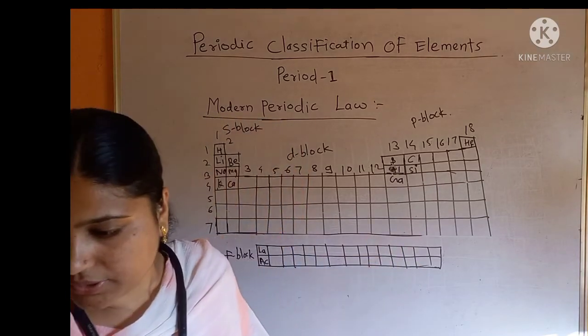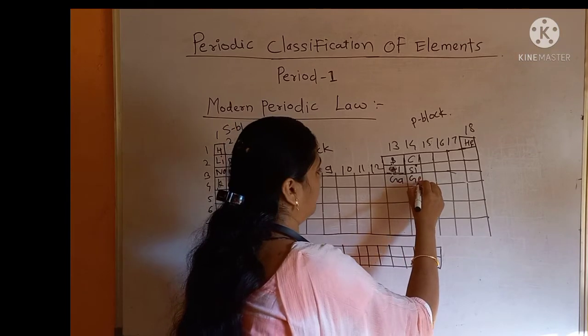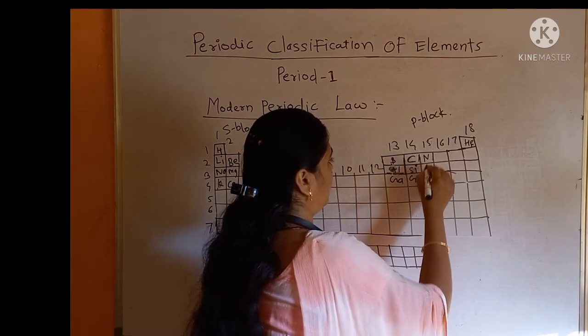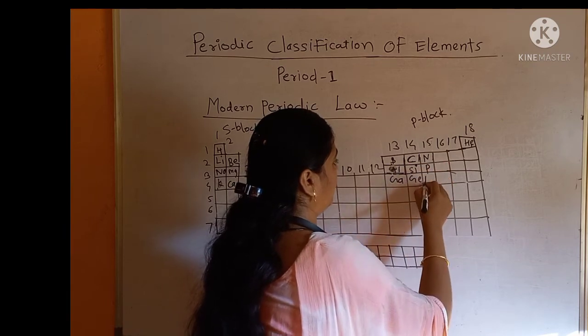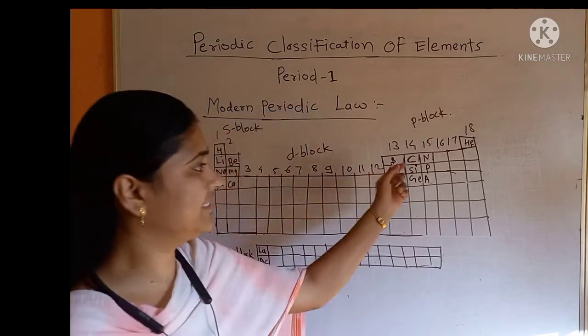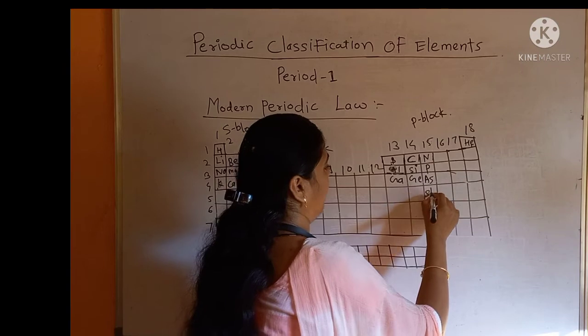After silicon, germanium is there. Okay, after carbon there is the nitrogen family, nitrogen, and so on, down to antimony.